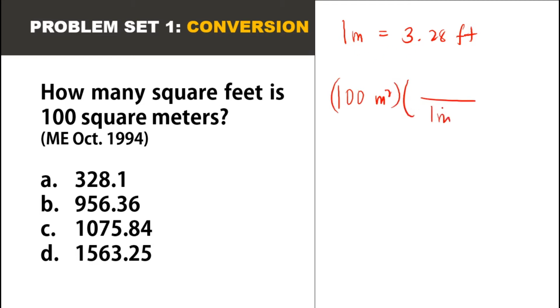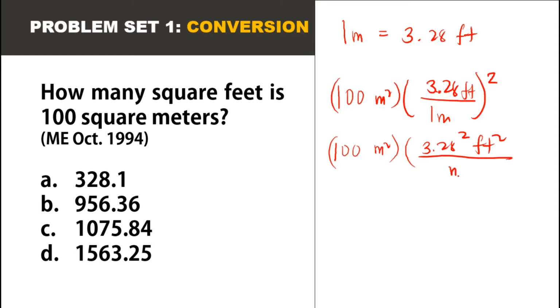So we have 1 meter per 3.28 feet. So since this is square, we will square this conversion. So we have 100 square meters, you have 3.28 squared square feet per 1 square meter. So meter squared will cancel. We have square feet as our unit.